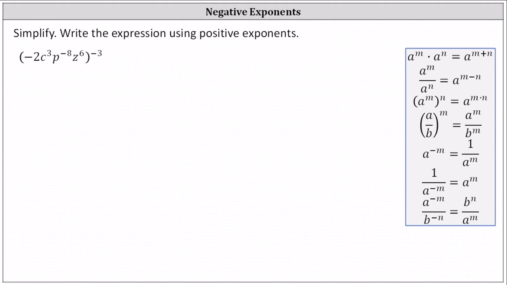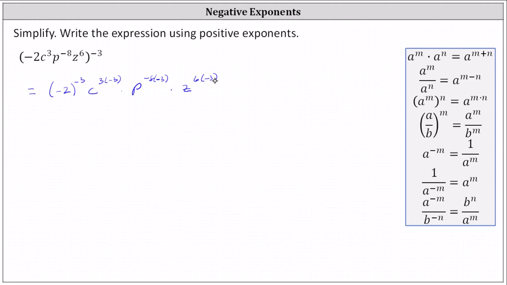Again, because we have powers raised to powers, we multiply the exponents. To begin, we have negative 2 raised to the power of negative 3, times c to the power of the product of 3 and negative 3, times p to the power of the product of negative 8 and negative 3, times z to the power of the product of 6 and negative 3.